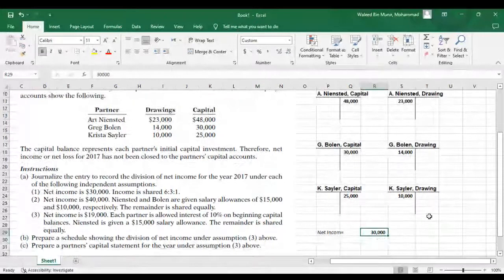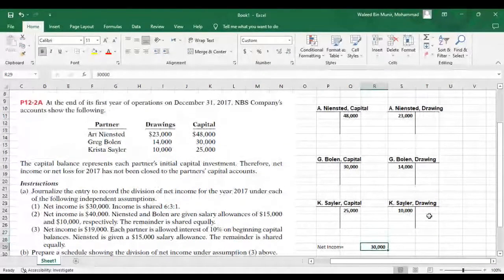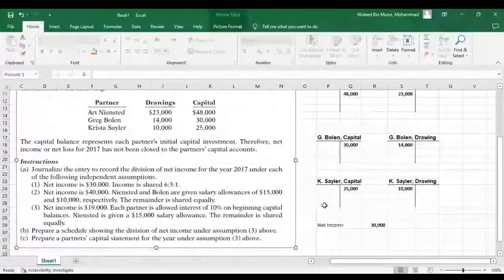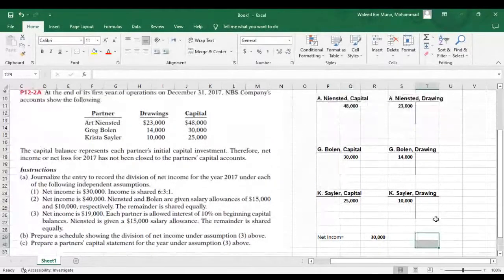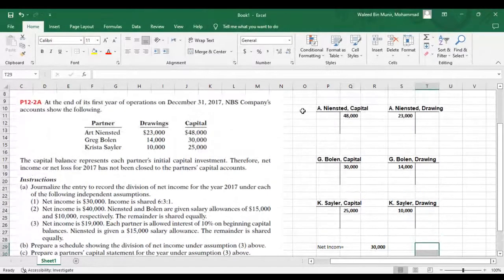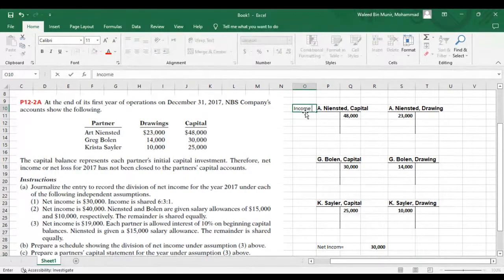Is it clear? This ratio is for each partner; we have three partners, remember. So what will be the income ratio? I'll put it here for your explanation.